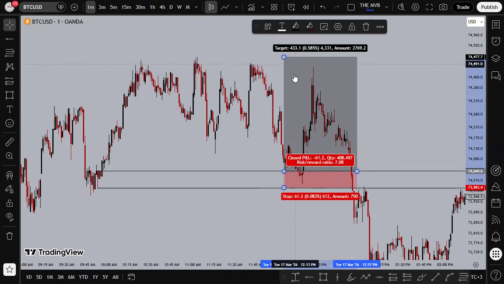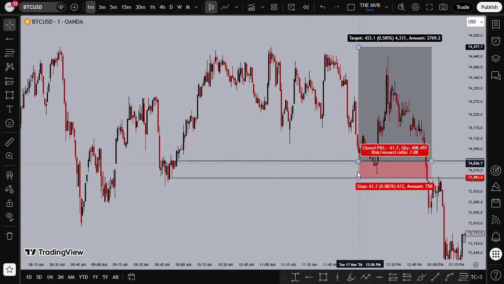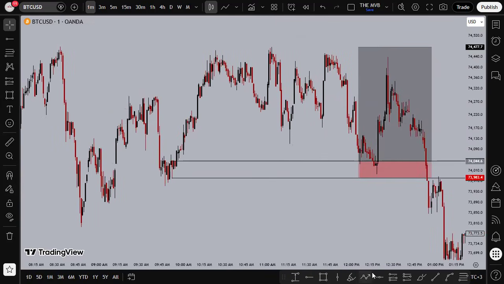I don't know if other people secured their entries, but I can say this was a very stupid mistake, and of course we learn from mistakes. The entry was executed perfectly. You can see we had a change of character with a break of structure.